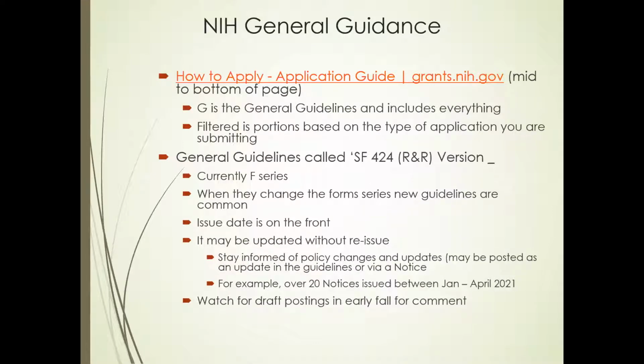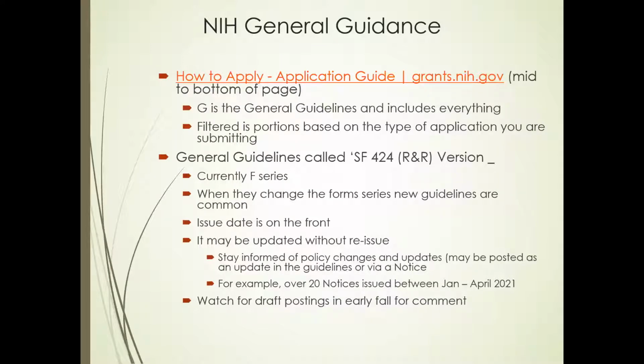So when you look at the how to apply application guide, the current guidelines that we use are called the SF424 R&R. The version that we're using now is the F series. Whenever they change between alpha series, there'll usually be a period of time that you can apply to either the old series or the new series.